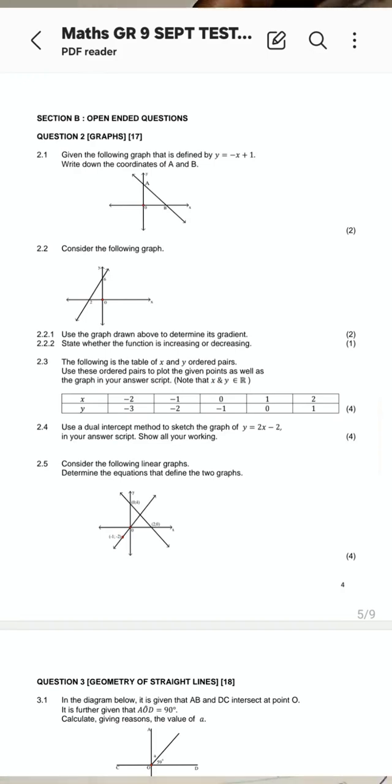Important: we use those ordered pairs and go to our graph as it is given to us, and then use it to actually sketch the available points on the graph. When we are able to do that, then our straight line is able to just materialize nicely.